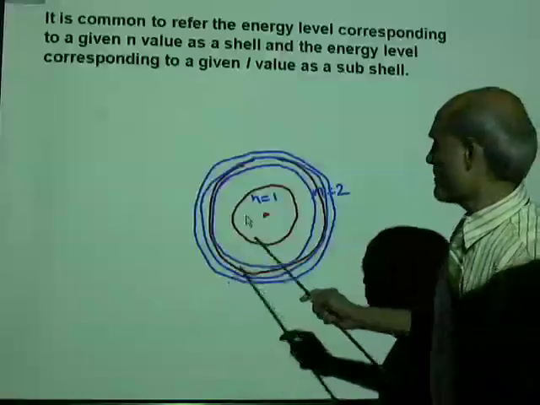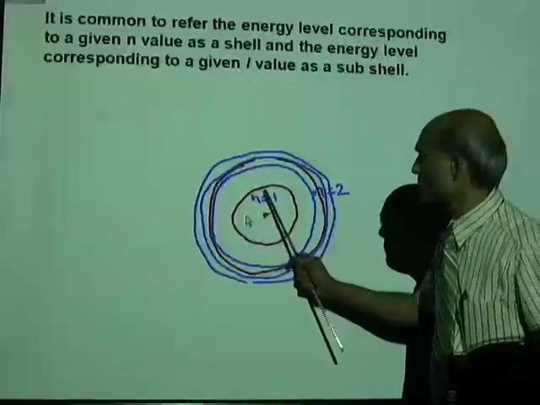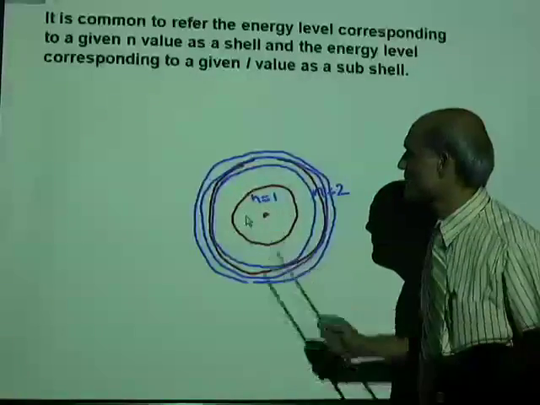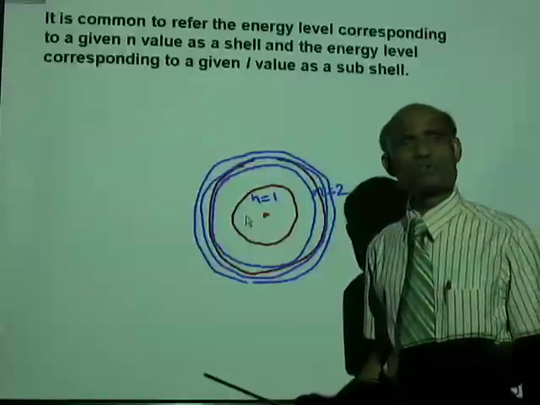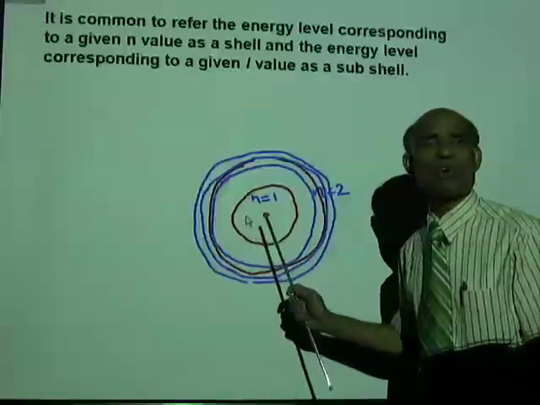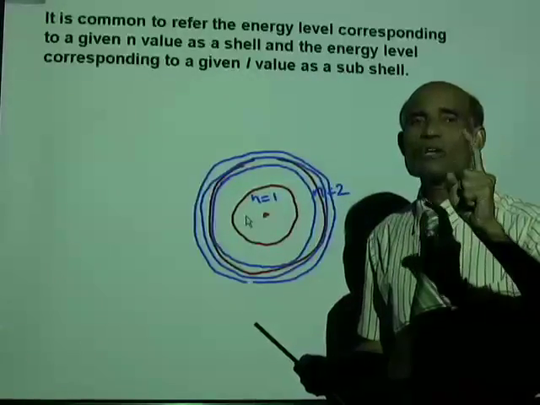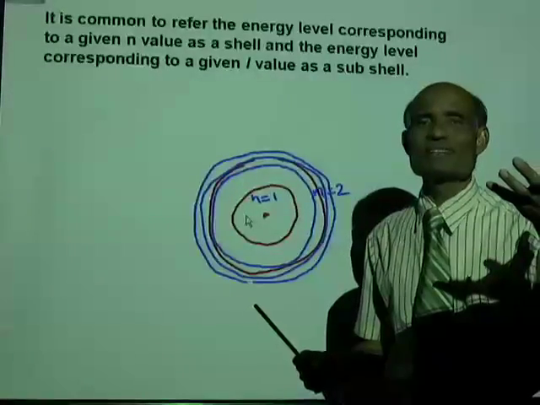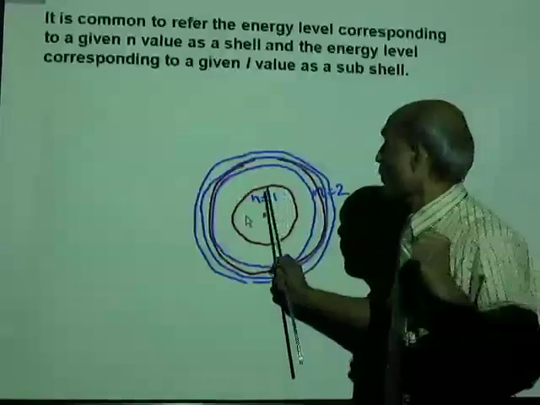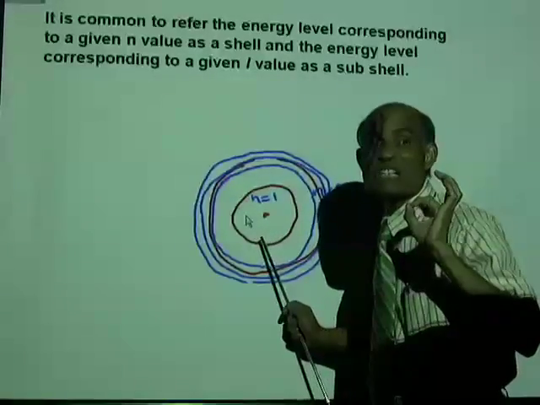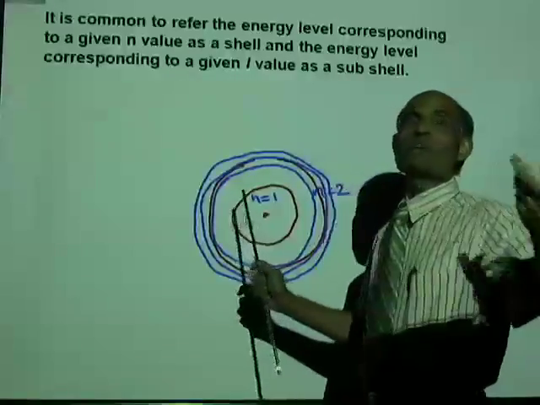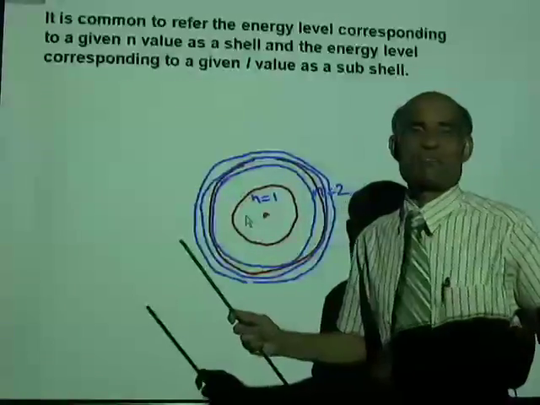I have made a very primitive diagram here. If you look at n equal to 1, it doesn't have any more subshells, because for n equal to 1, L can have only one value, that is 0. Is that right? So for the n equal to 1 shell, there is only one subshell.